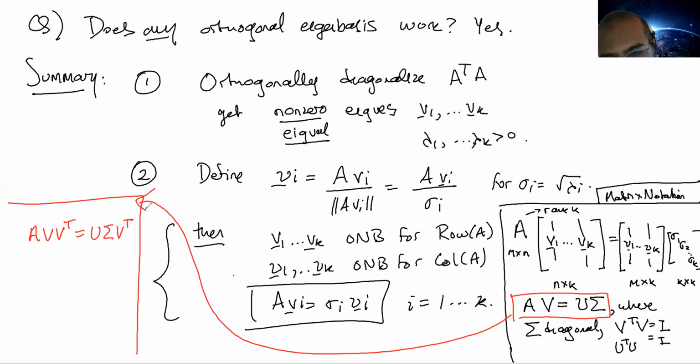No. V transpose V is a K by K identity matrix. V V transpose is a projection matrix onto the row space, which just means it's a projection orthogonal to the null space. So it doesn't actually do anything to A.